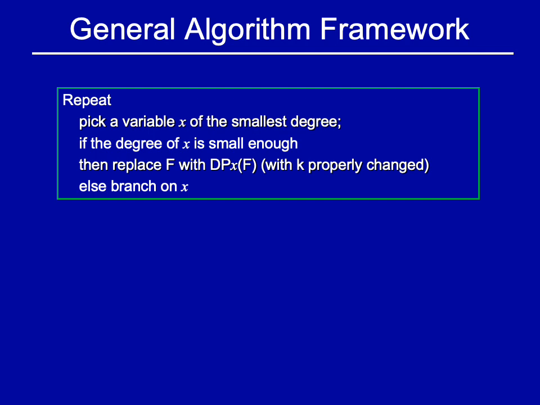In order to solve this parameterized version of Maxset, we just pick a variable of small degree. If that is simple enough, then we can use resolution to solve it. Otherwise, if the degree is large, then we may just branch on x. That's basically the idea.